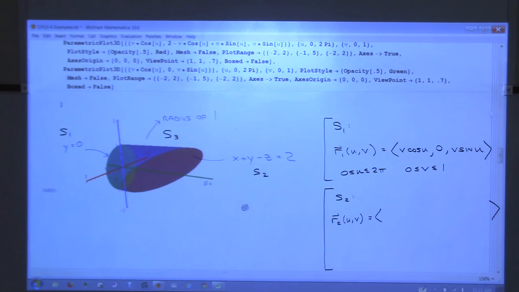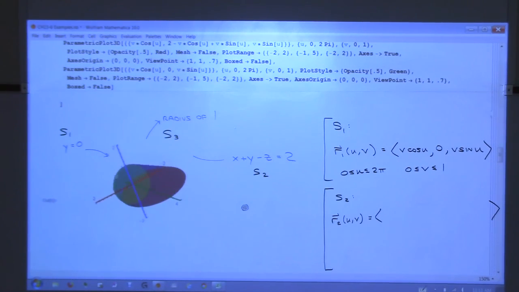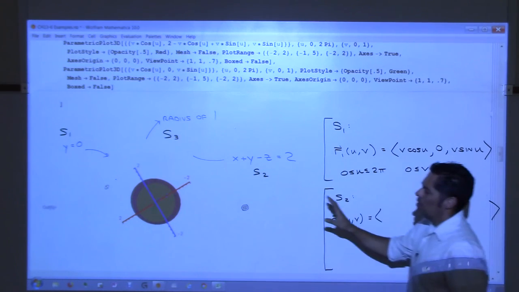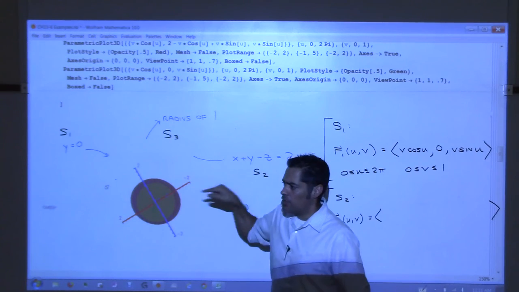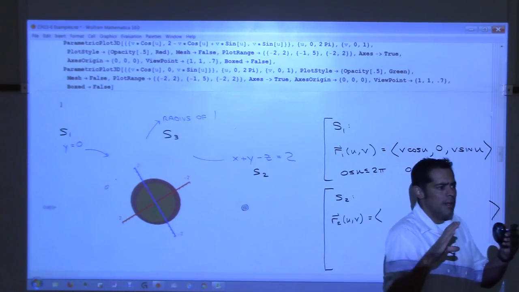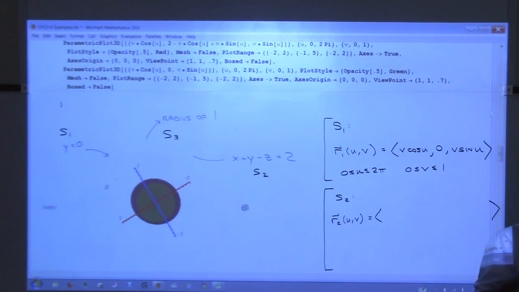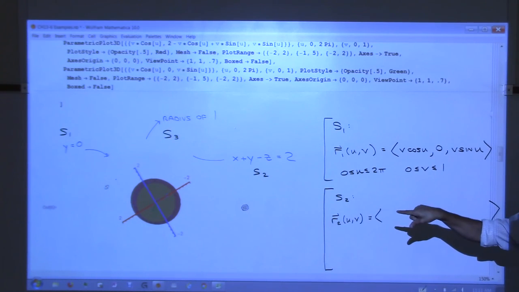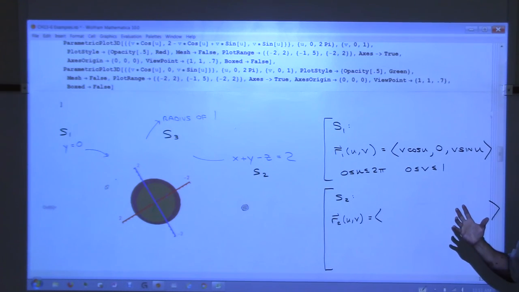So when you draw surface 1, if I turn this and I look at it straight from this side, don't surface 1 and surface 2 look identical if you look straight down the y-axis? You wouldn't be able to distinguish the two, would you? If you look just straight down. But there is a difference.